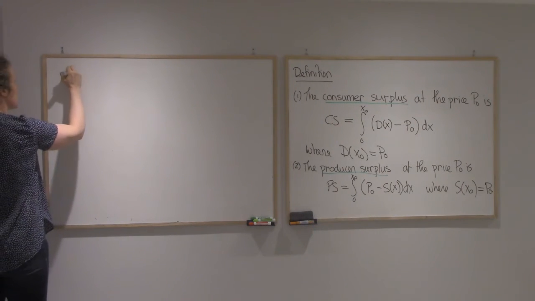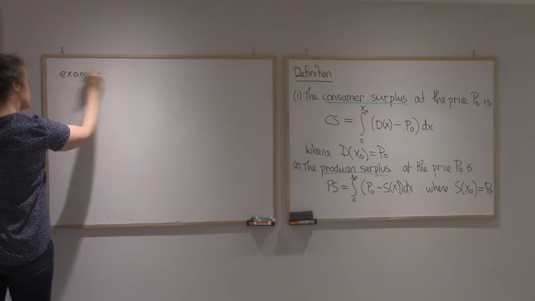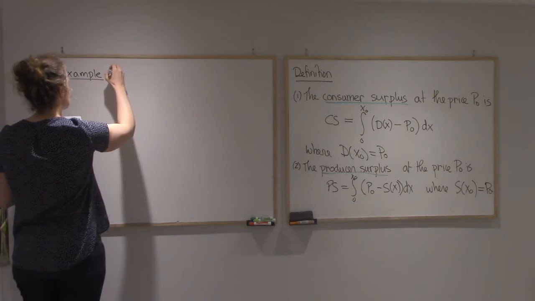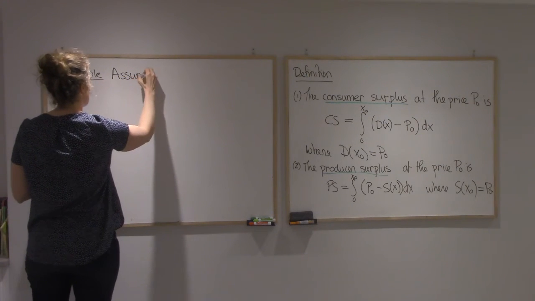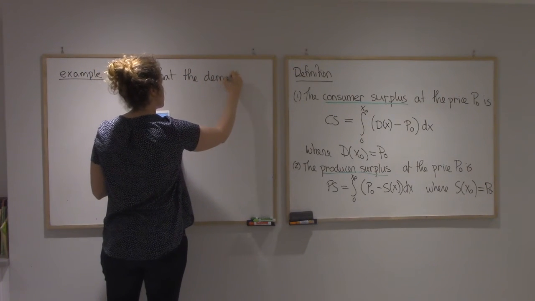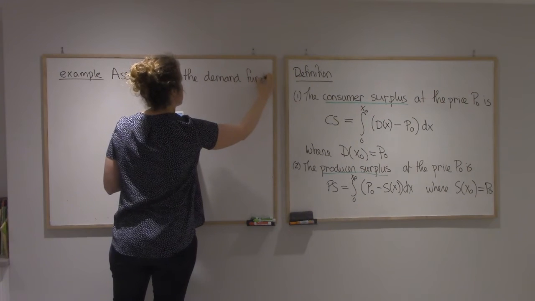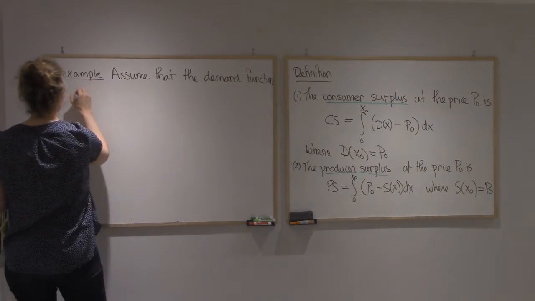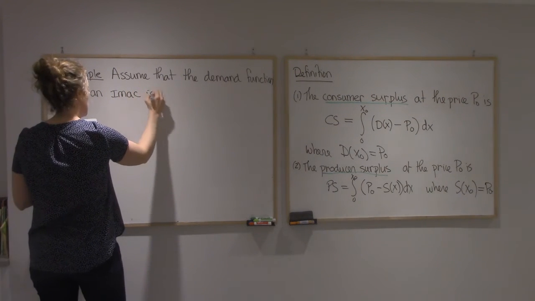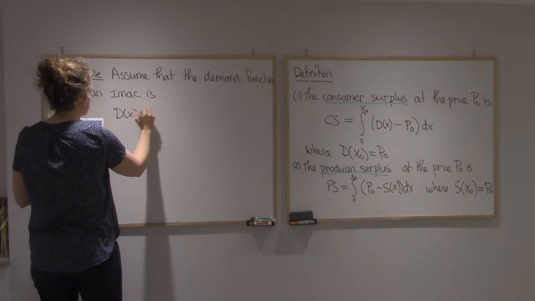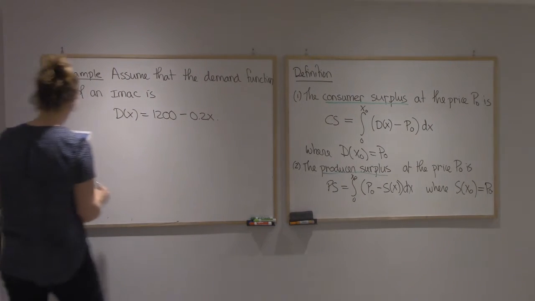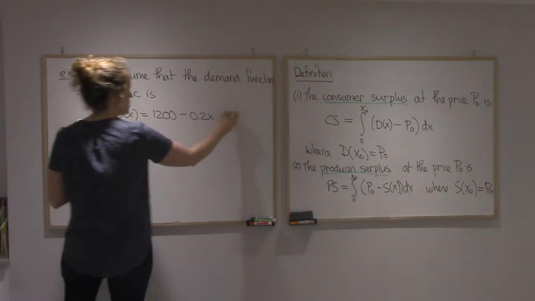All right, so let's try an example. Assume that the demand function of an iMac is d of x, which is 1200 minus 0.2x in dollars.